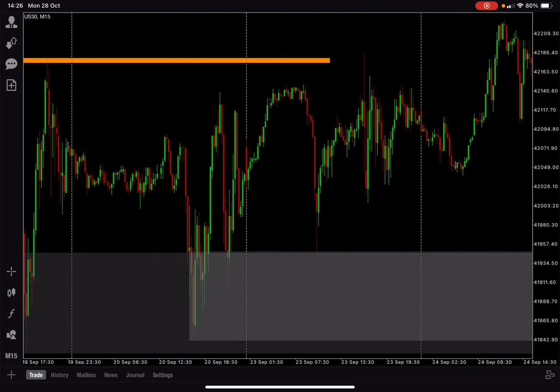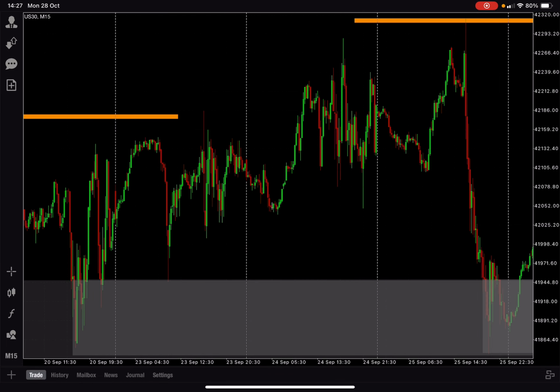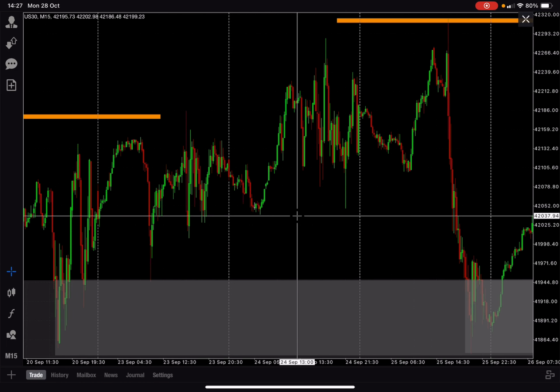At the New York session, you just drag those over into the next day, and these areas are used as my buy and sell areas. It doesn't mean as soon as it comes into that area, I will start to buy or sell. It just means that is an area of interest where you'll be looking for specific things to follow that confirmation from that area.